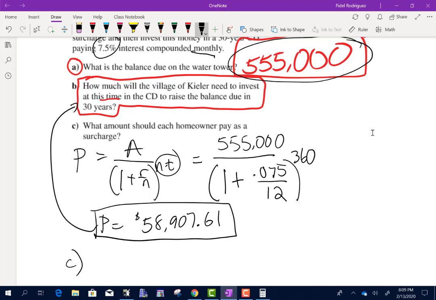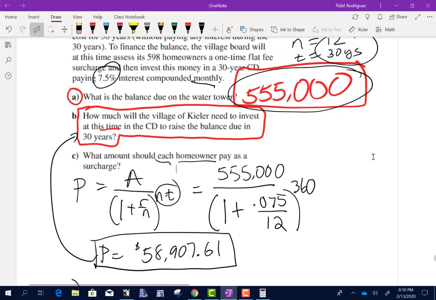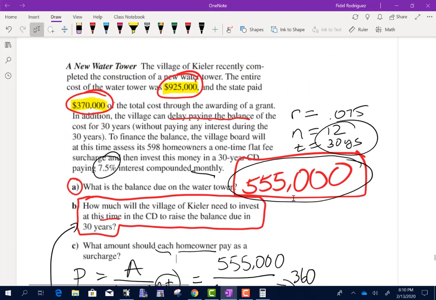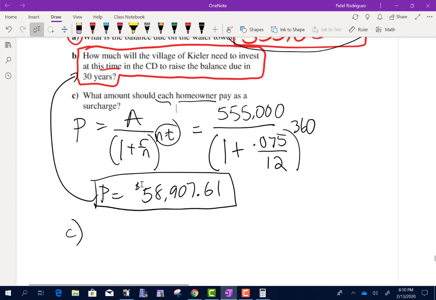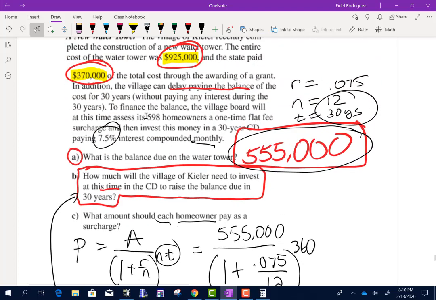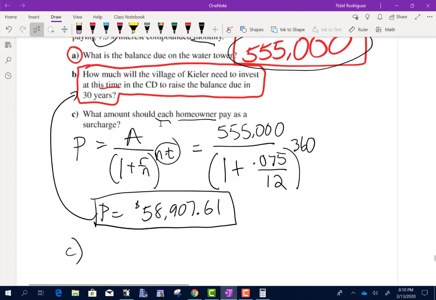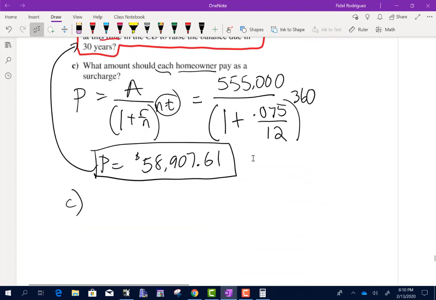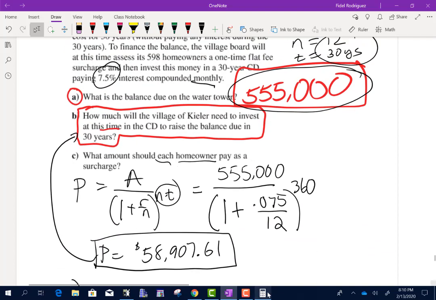For part C, it says, how much should each homeowner pay as a surcharge? So let's go back and take a look at the problem. We know that as a total right now, the whole village has to come up with $58,907.61. If you notice, there's 598 homeowners that live in this village. All we're going to do is take this number and divide it by the 598.